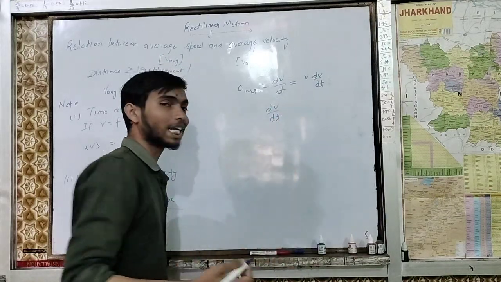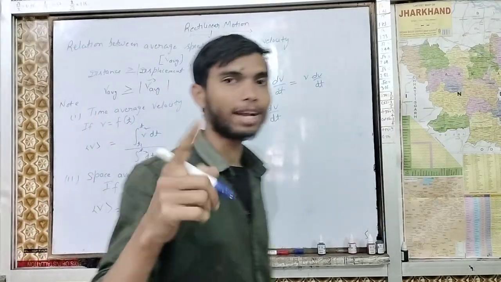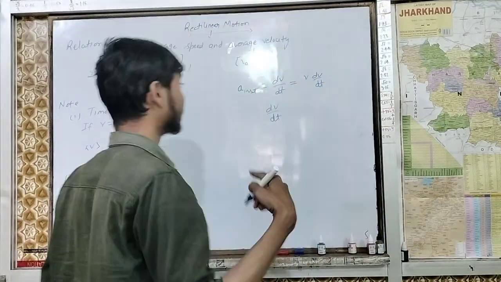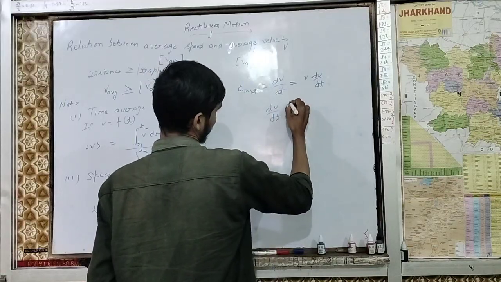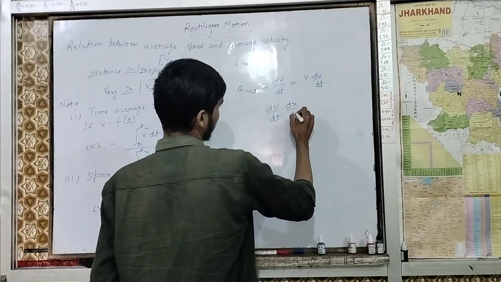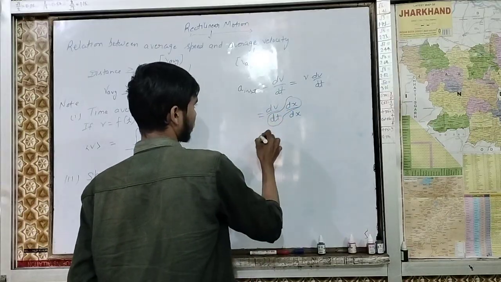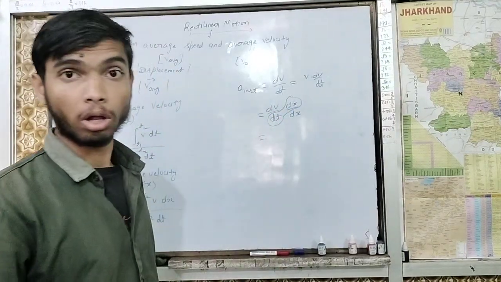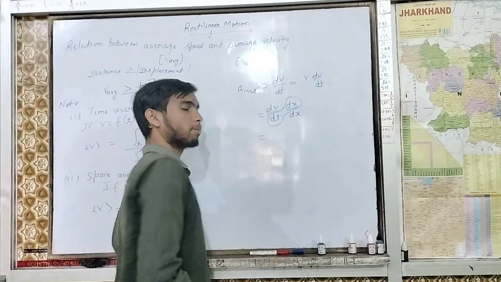Since we are finding a relation between velocity and position, position we are going to take. So dv upon dt can be written as dv upon dx times dx upon dt, and dx upon dt is nothing but the formula of velocity, so it can be written as v.